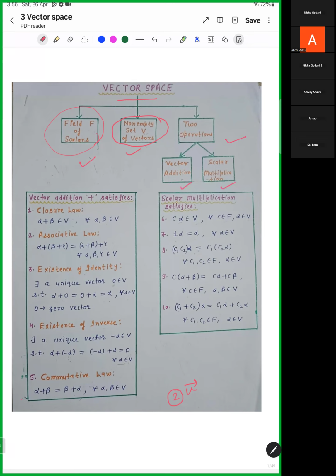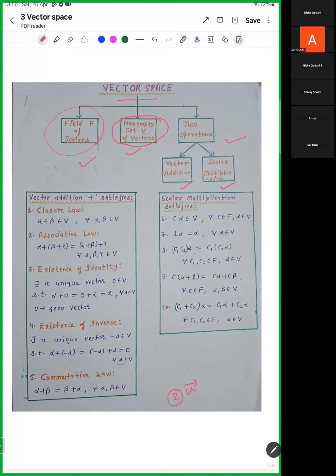As I discussed, if you have vectors, you can add them and do scalar multiplication. But these two operations satisfy some properties, some axioms. So what are these properties?